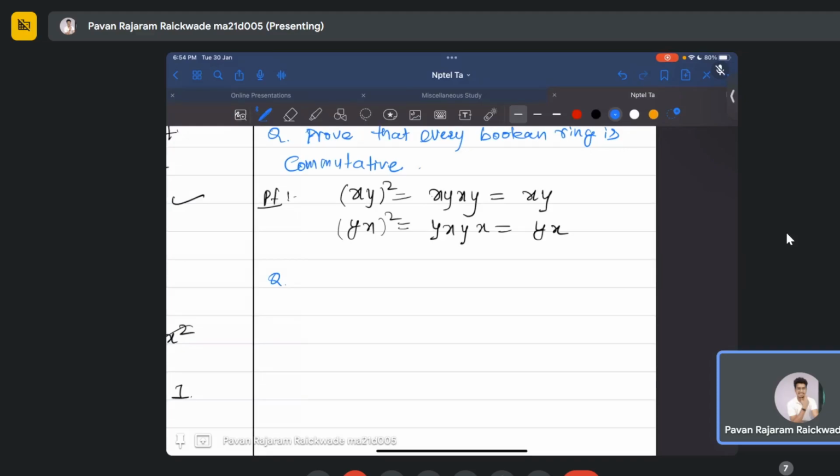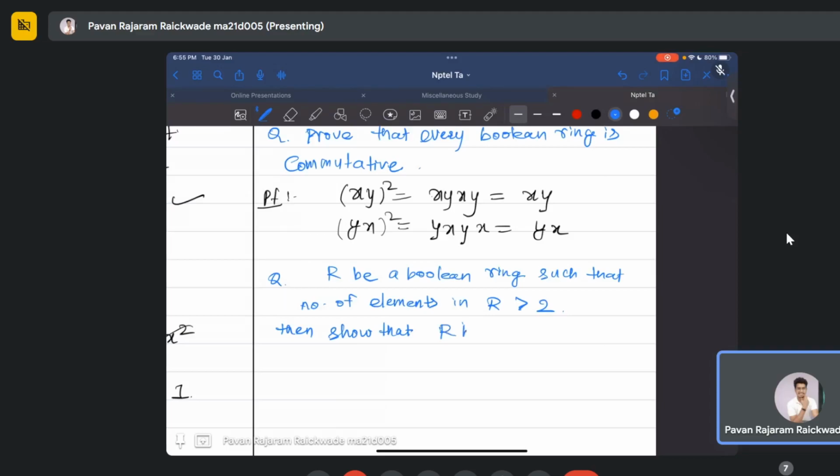Let R be a Boolean ring such that the number of elements in R, the cardinality, is strictly greater than 2, then show that R is not an integral domain.